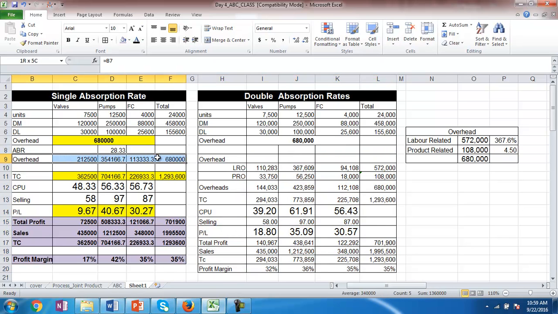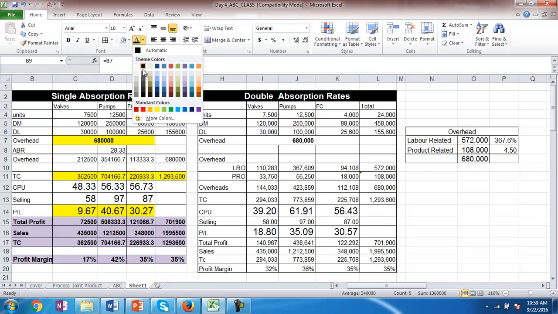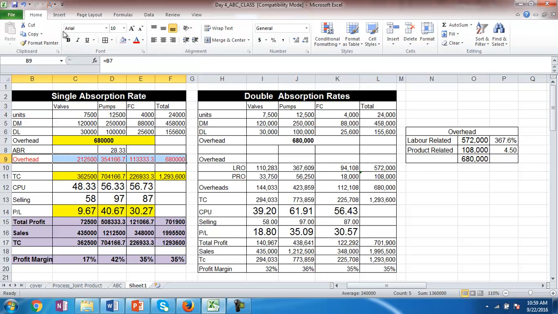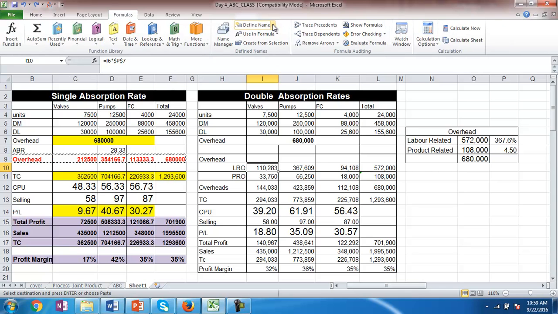Observe the overheads here. In this case the overheads are absorbed by using the labor as a driver and by using the volume of production as a driver.